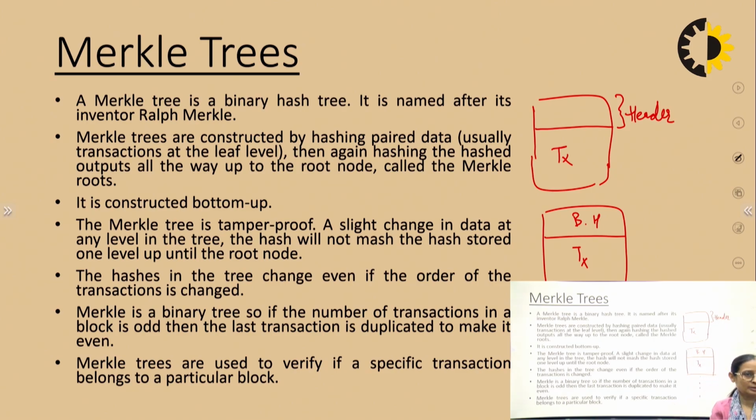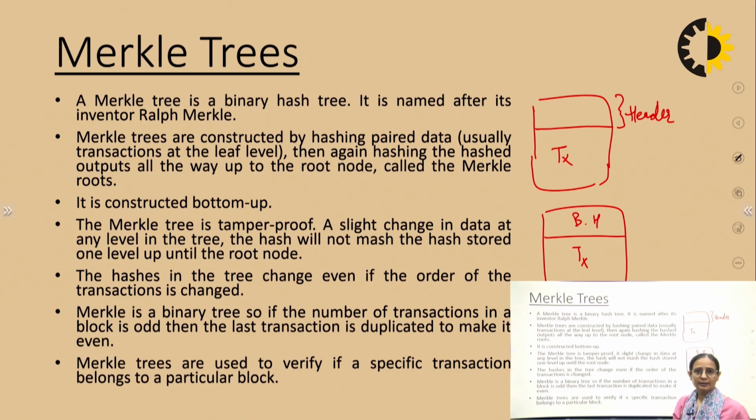And how do we form a chain in a blockchain? This is formed with the help of a hash chain. That is, the hash value of one block refers to another block in the blockchain.